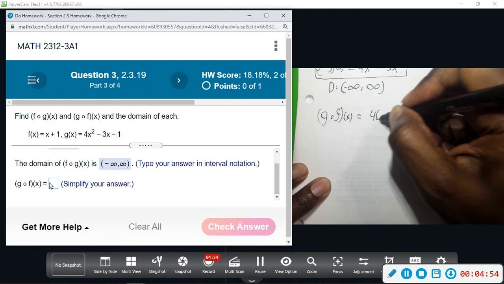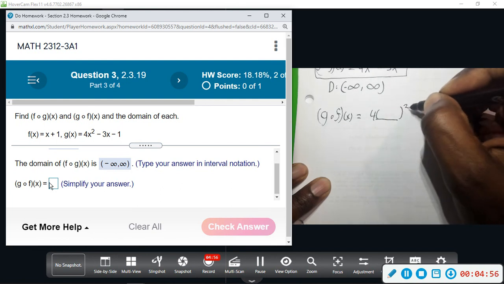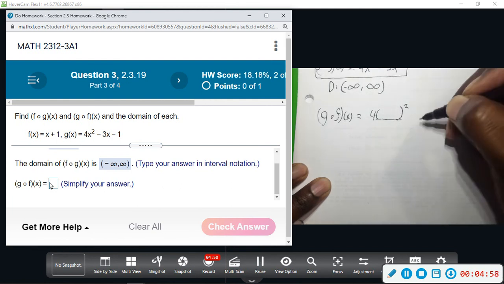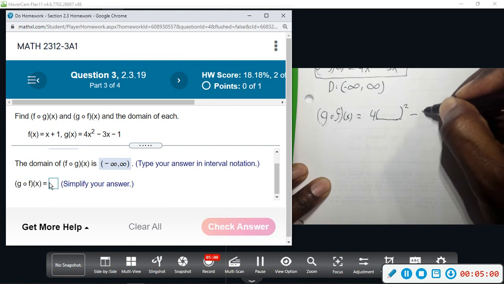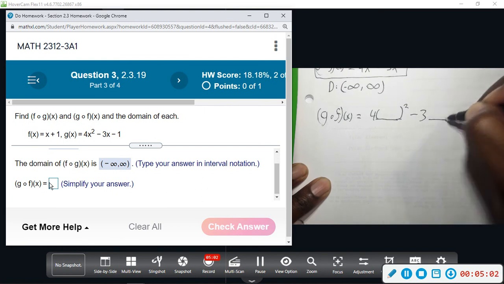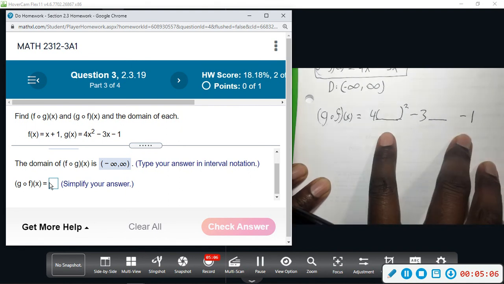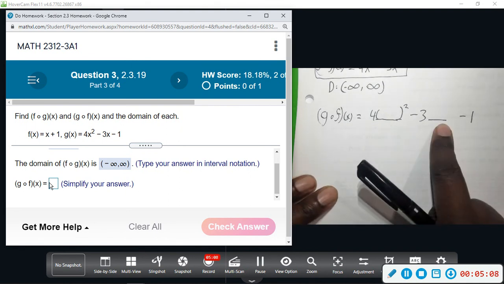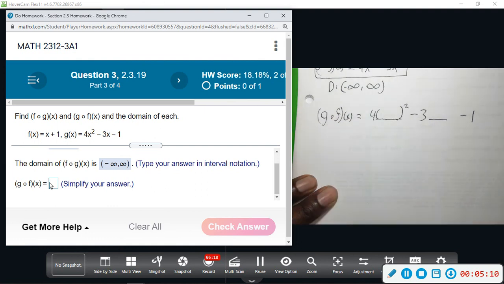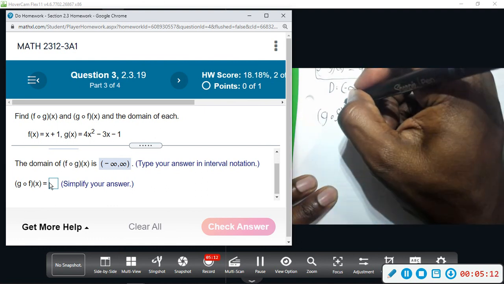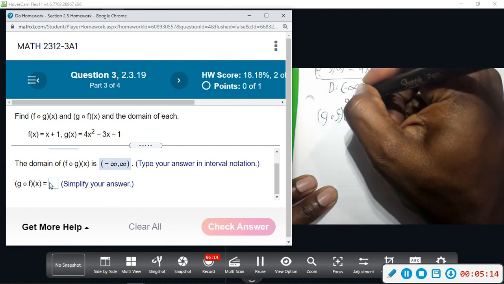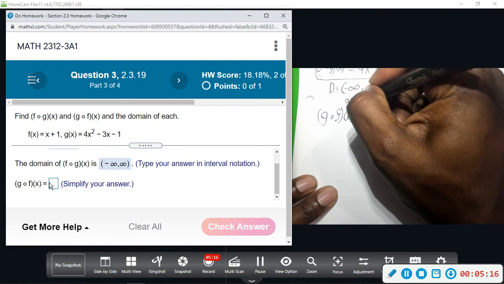So 4 times something squared, we're replacing x. And then minus 3 times x. This is the g equation. I've left out the x's. The x's are going to be replaced with the f of x equation. I didn't rewrite it, but it's equal to g parentheses f of x.